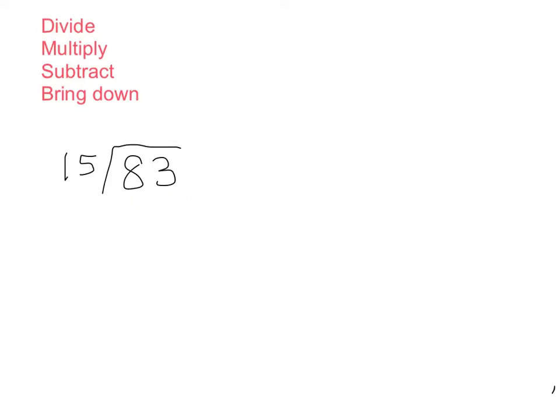And I don't have multiples of 15 in my head, so I'm going to round this 15 to 20 just to help me decide how many 15s might be in 83. Now I know there's about 4 20s in 80, so onto the side over here I'm going to try 15 times 4 and see if that's going to work.